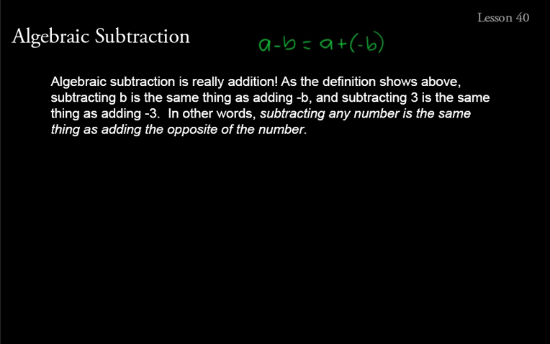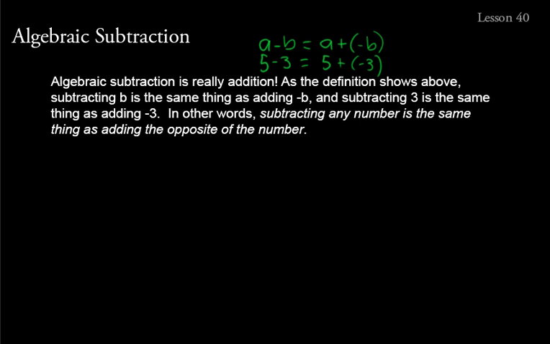So an example of this might be 5 minus 3. That's the same thing as 5 plus a minus 3, just a different way of writing the same thing. And so algebraic subtraction is really addition, right? We could have titled this algebraic addition, but algebraic subtraction is really addition.